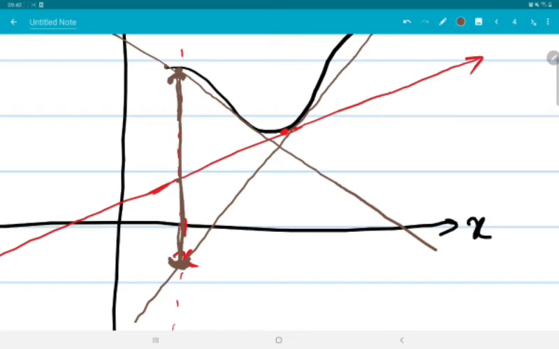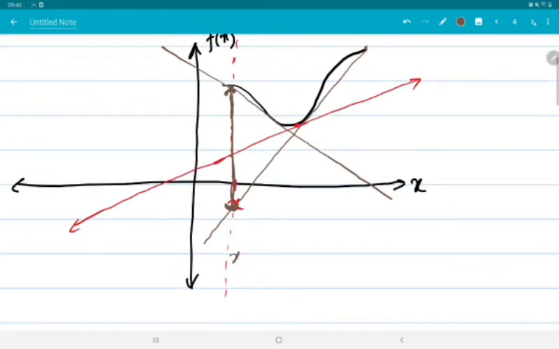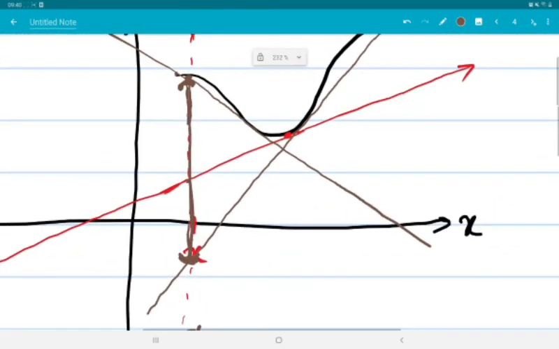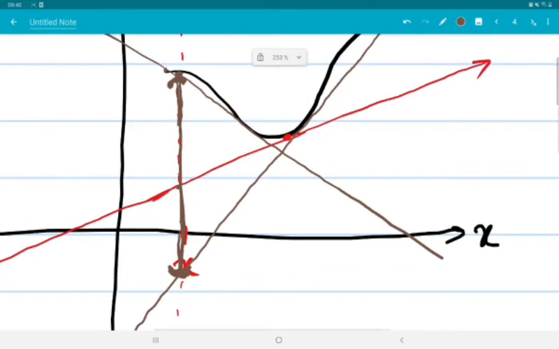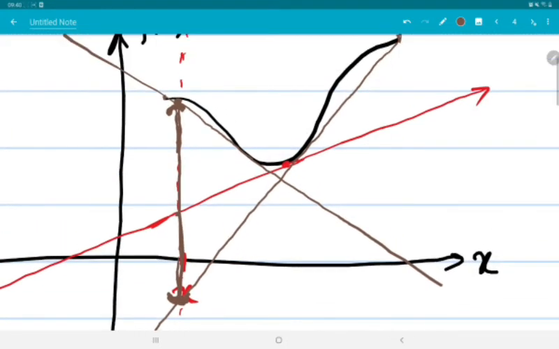We are keeping x constant; this is for a fixed x. We are trying to find the double conjugate for this fixed x. So for this fixed x, this point will be the supremum of y.